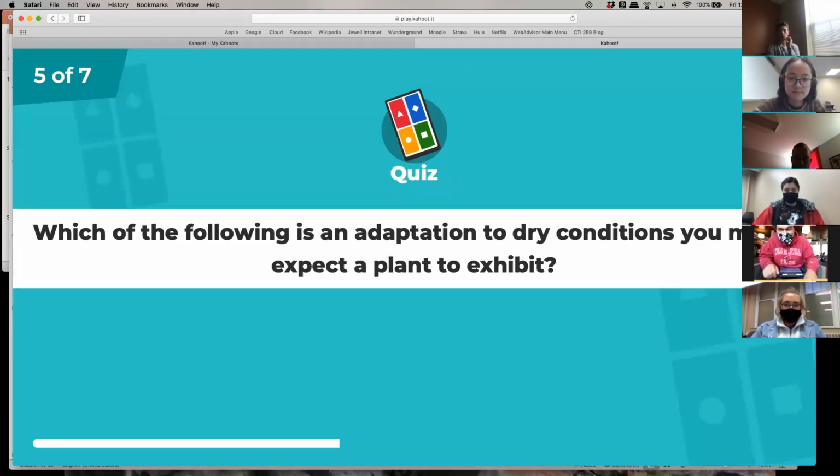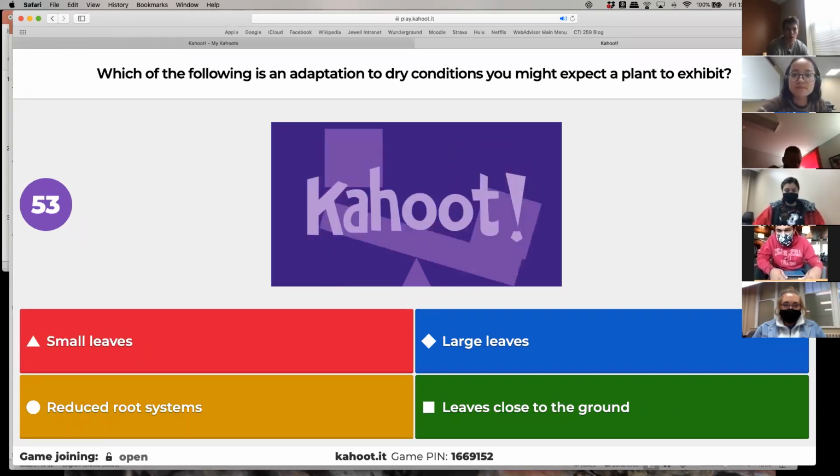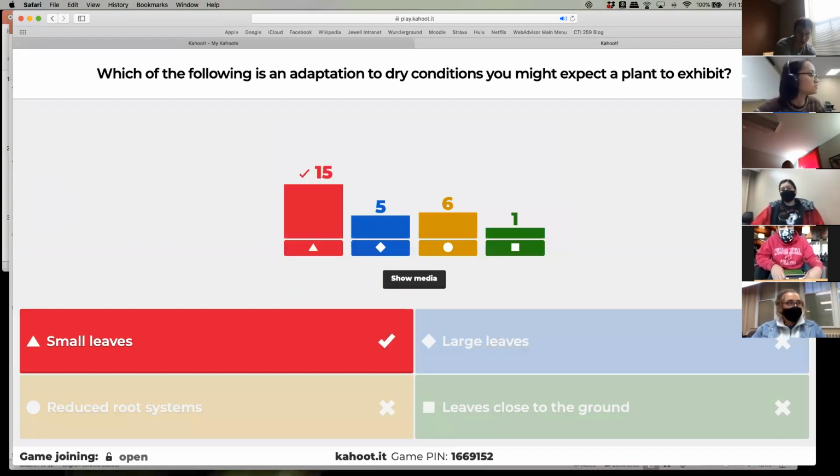Which of the following is an adaptation to dry conditions you might expect a plant to exhibit? We didn't actually tell you all of these things. Okay, so small leaves.